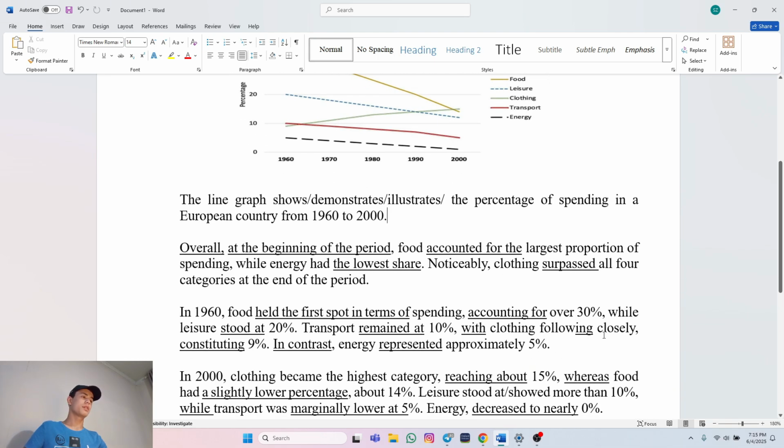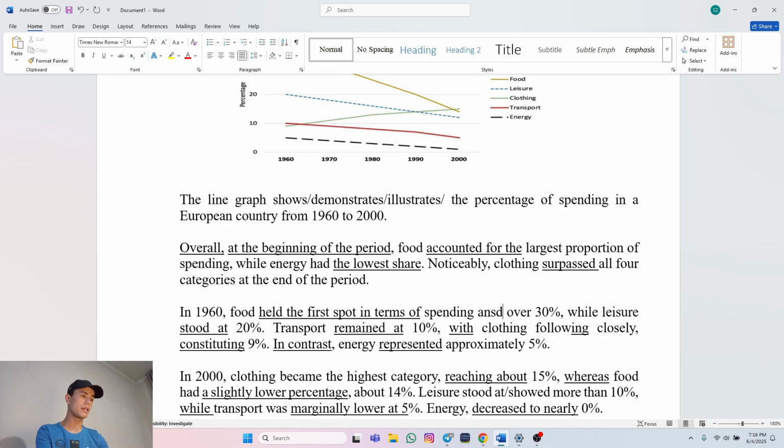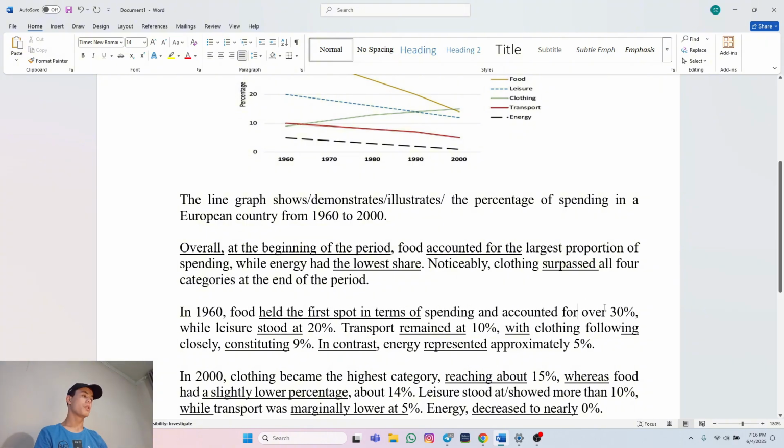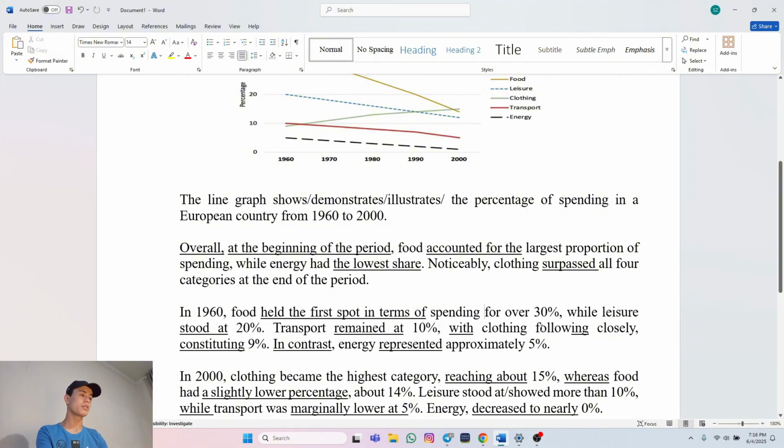Okay, in order to avoid redundancy, for example, you can also write like this: "and accounted for over 13%". But instead of writing like this, our first sentence is better.